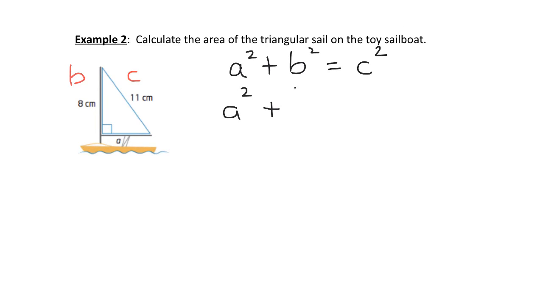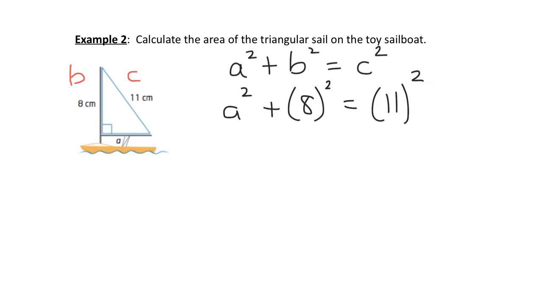We do know that side B is 8 centimeters, so I'm going to put in 8 squared, and that is equal to side C, which is 11 centimeters, and that also has to be squared. So this looks a little bit different than example number 1. In example number 1, we were solving or isolating for the letter C. And in this particular example, we need to solve or isolate for the letter A.